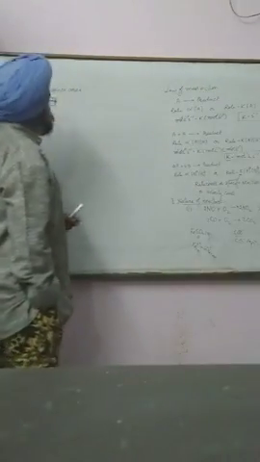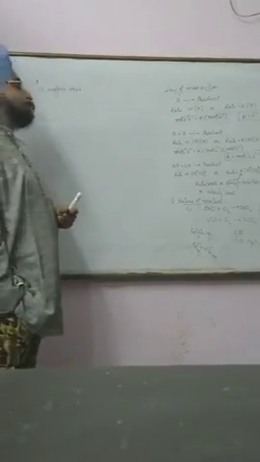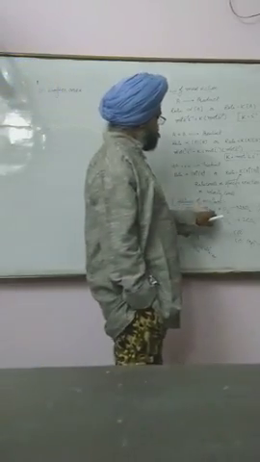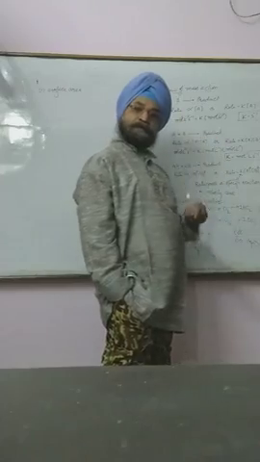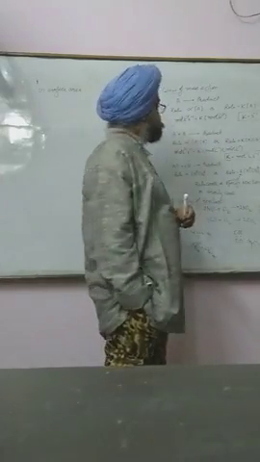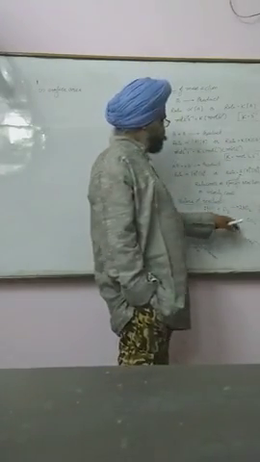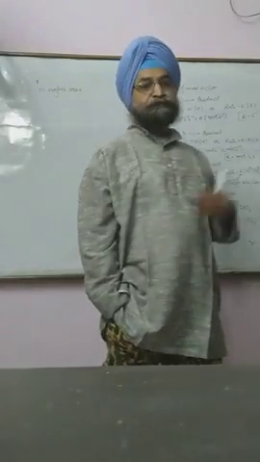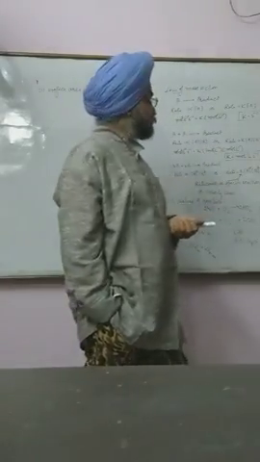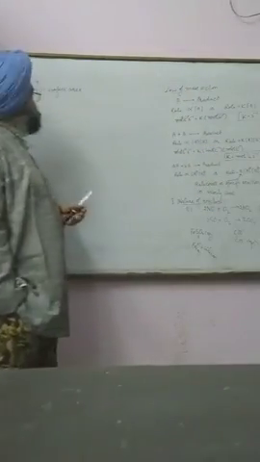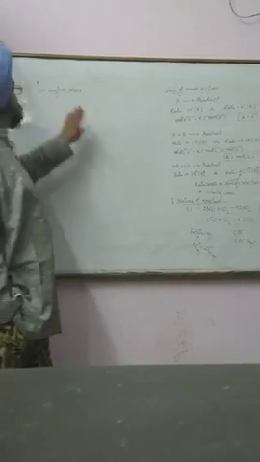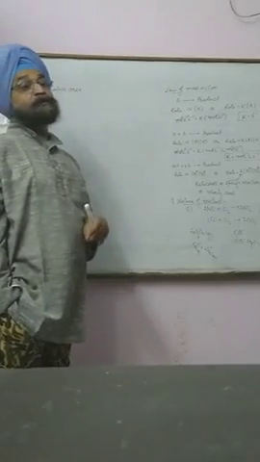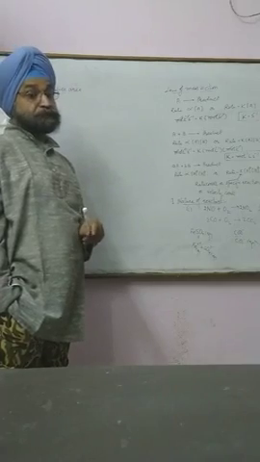Homogeneous reaction is one in which all the components of the reaction mixture are in the same phase. Like this one, NO is gas, O2 gas, and hence this reaction is homogeneous reaction. CO plus O2 gives CO2, all in gaseous phase. Nitrogen, hydrogen, ammonia, all are in gaseous phase. They are homogeneous reactions. So in case of homogeneous, this factor has no role to play. This factor is only applicable for heterogeneous reactions.